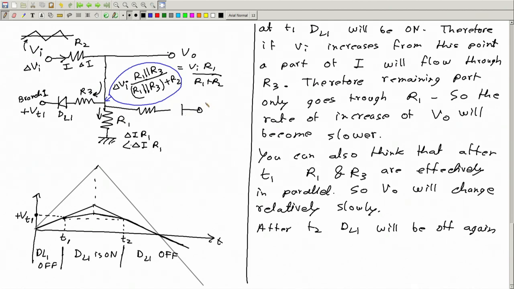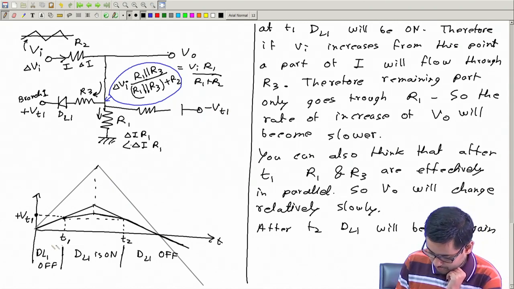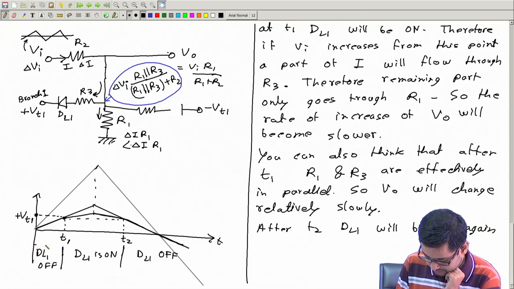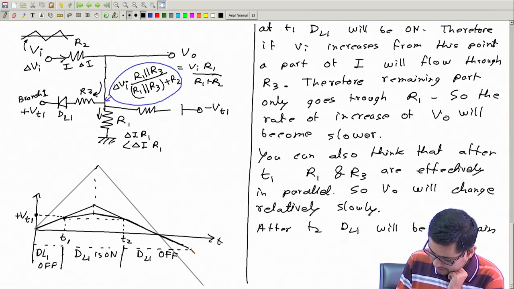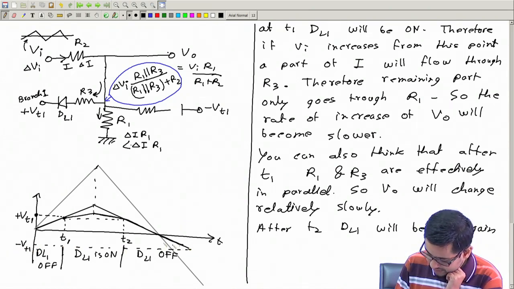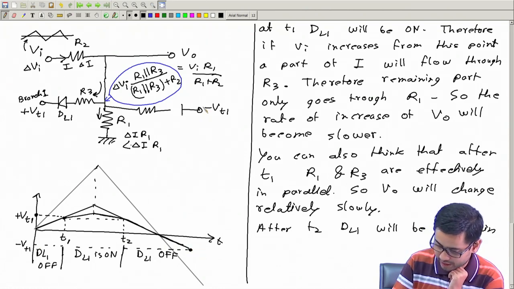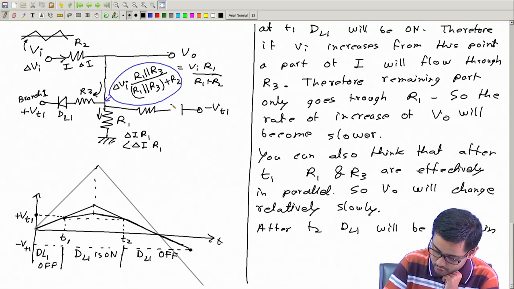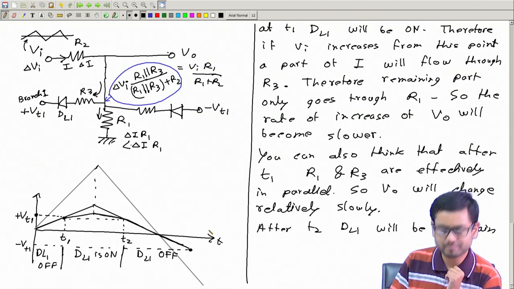Okay, you can also think with me. So this side I will put minus VT1, so that if this voltage goes below minus VT1, this part should become active. So if this side goes lower, then this diode should be on. So I will put the diode in this way. Do not memorize, always think what to do.